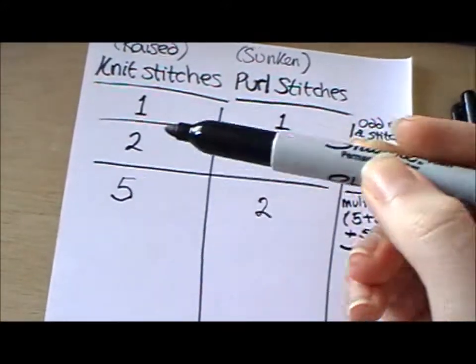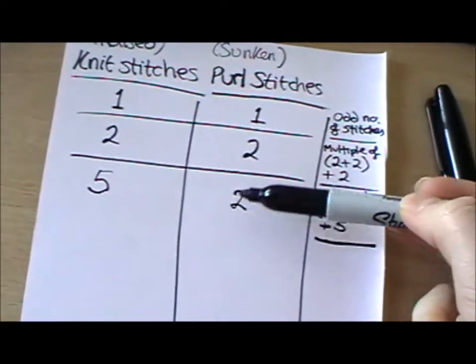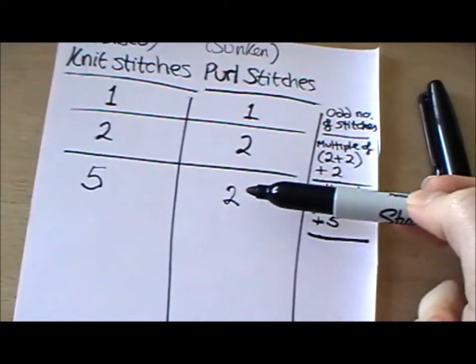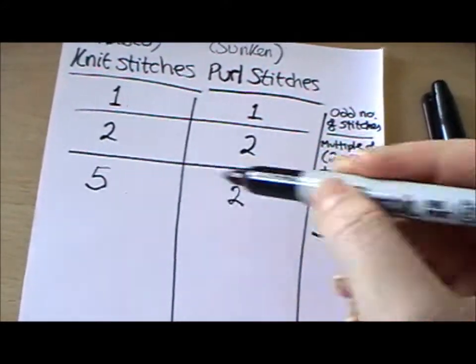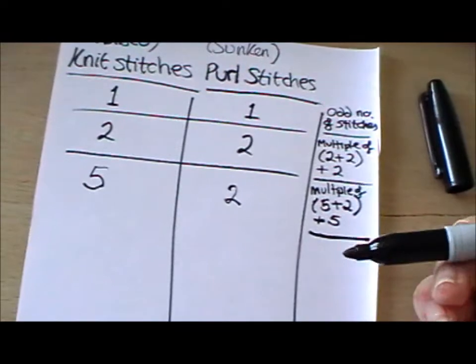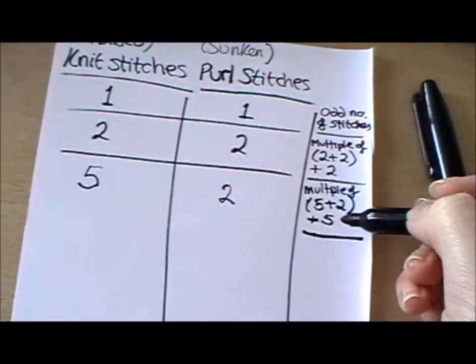So if you want a raised ridge of 5 knit stitches with a sunken dip in between of 2 purl stitches, so it's quite a narrow dip, you do a multiple of those 2 added together, which is 7, so you do a multiple of 7 stitches cast on plus 5.